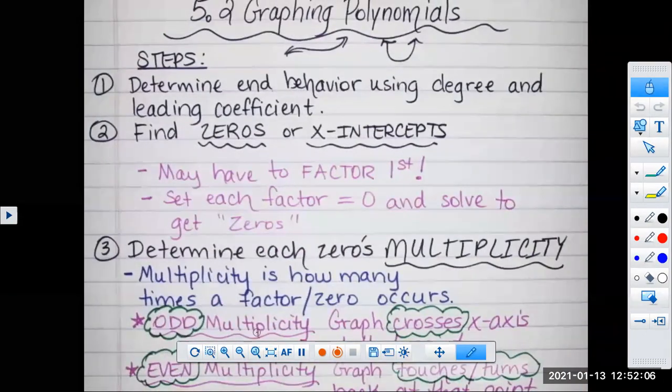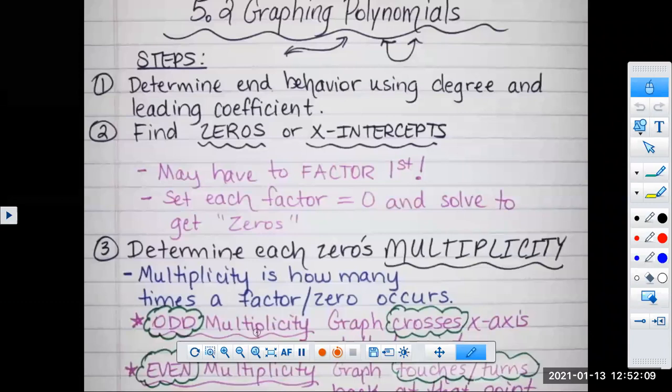So for example, if I have 2x cubed, x to the third power, 3 is my highest exponent, I'm going to look at 2, it's positive, and I'm going to use that to determine, is my graph going up or down on the left side, and up or down on the right side?